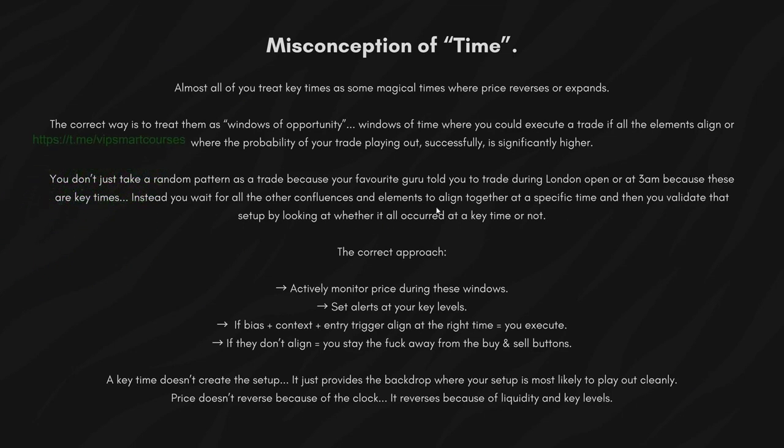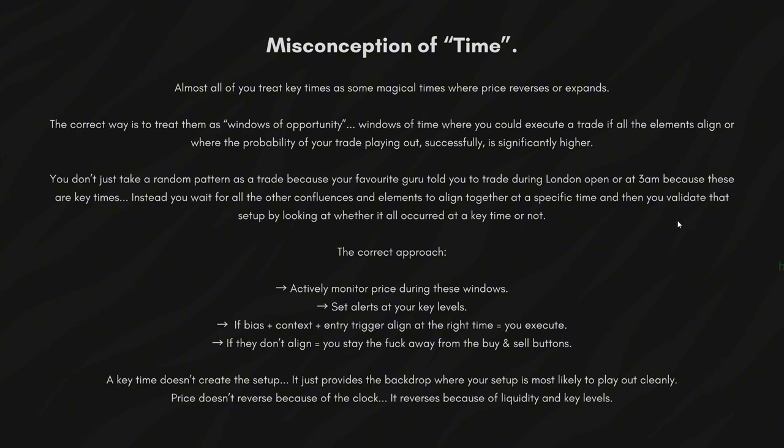So you can see that the time aspect here is only the last validating confluence, which validates the setup by looking at whether it formed at a key time or not. It's not the actual reason which begins the idea.